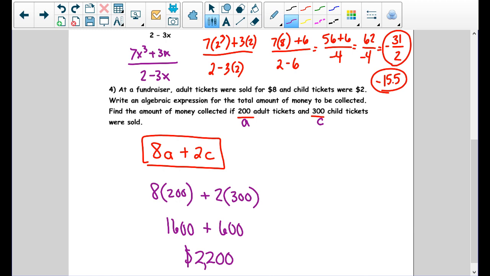So ticket sales would be $2,200 if we sold 200 adult and 300 child tickets.